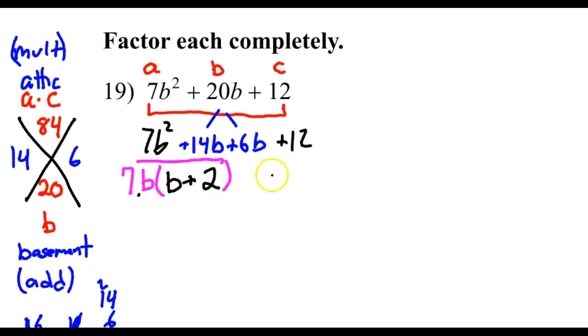Now remember, this second parenthesis I get over here has to match this one. So that's a helpful tool. So what comes out of 6b and 12? What can you factor out? They both have a 6, right? 6 is the biggest number. What's left over? B plus 2.